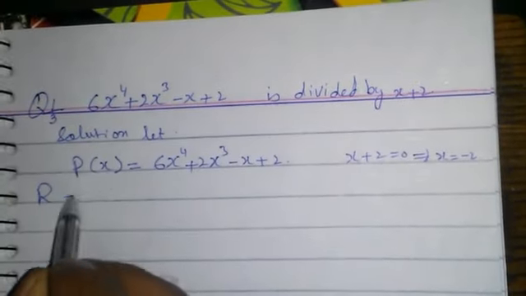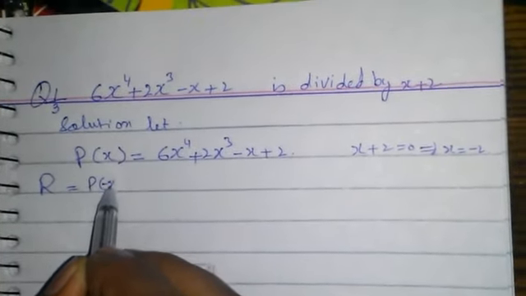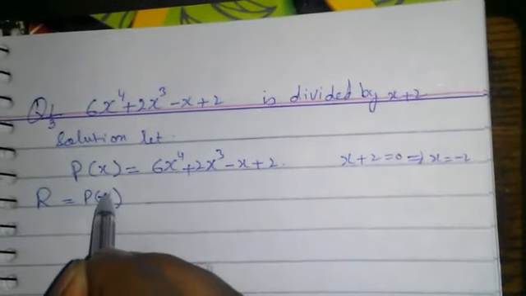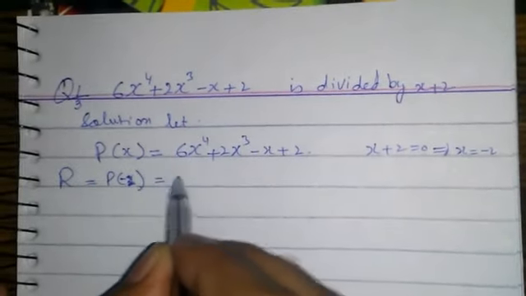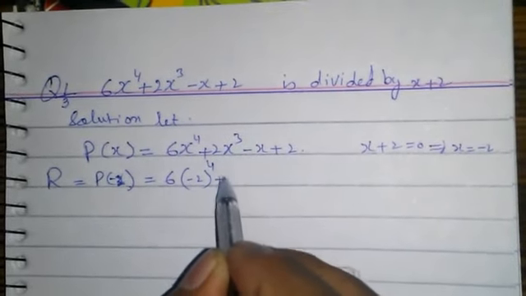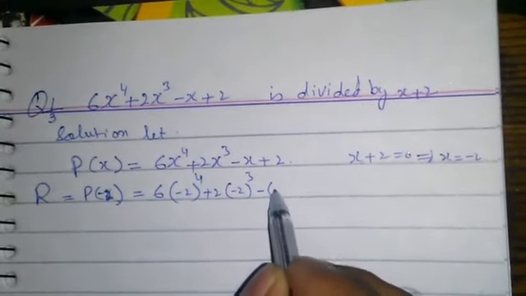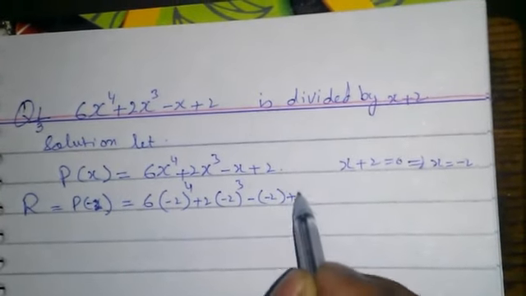Remainder r is equal to p of minus 2, which is equal to 6 into minus 2 to the power 4 plus 2 into minus 2 to the power 3 minus minus 2 plus 2.